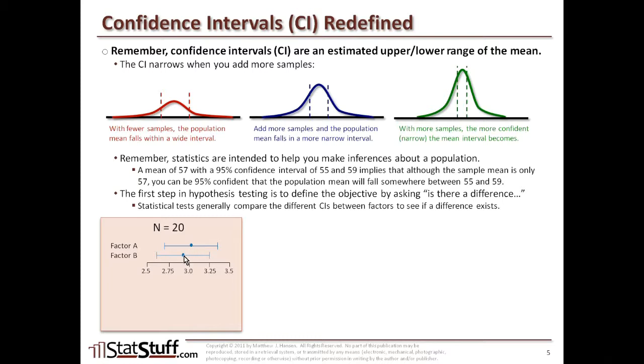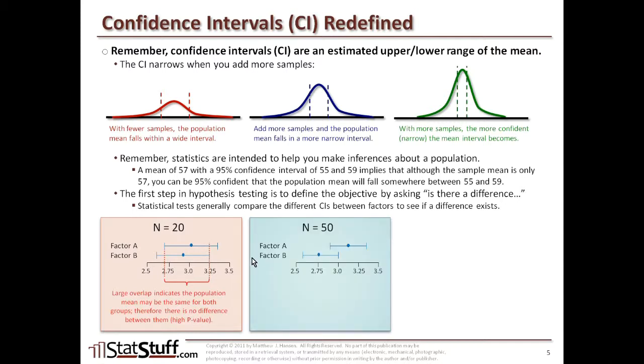Well, for factor B, this mean falls at this dot, and that means the population mean can fall somewhere within this range. So you've got to remember the tests look for the overlap between the confidence intervals. If there's a lot of overlap between them, then there's a good chance that the actual population mean between the compared factors are possibly the same, or very close to being the same, which is going to result in a higher p-value, a higher level of risk before we can claim any difference.